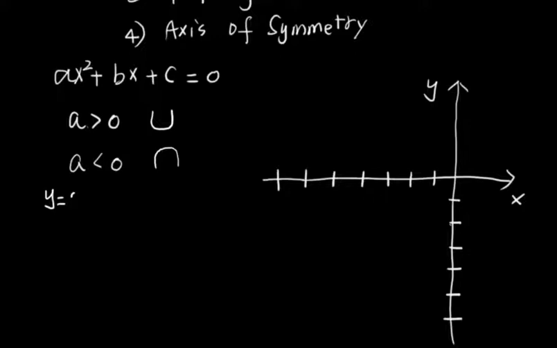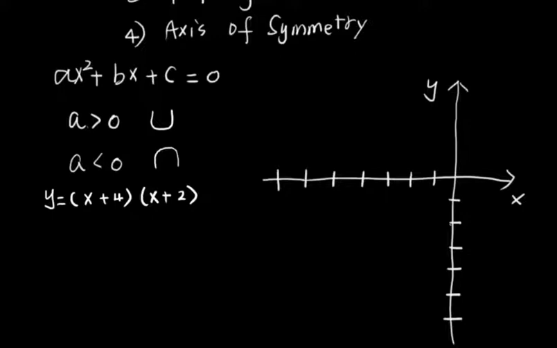If y equals x plus 4 multiplied by x plus, let's say, 2, then what are the x-intercepts? X-intercepts are the points on the x-axis. So any point on the x-axis means y equals 0.